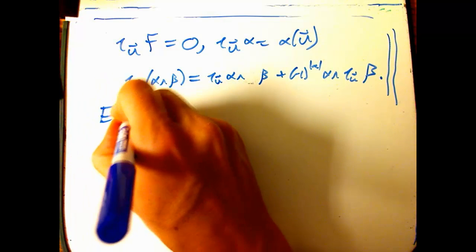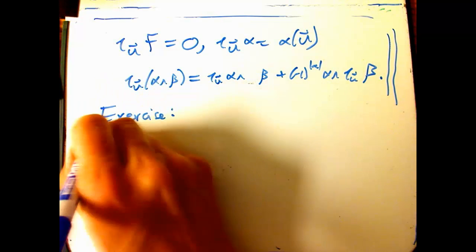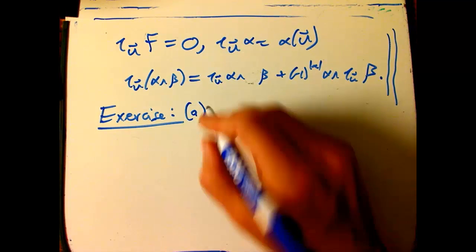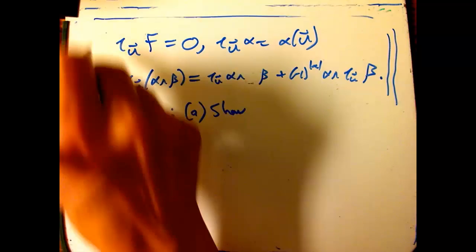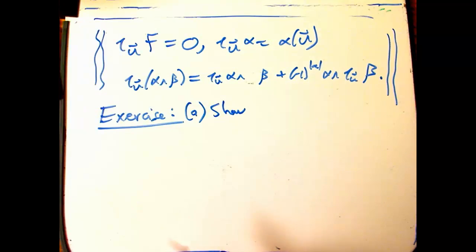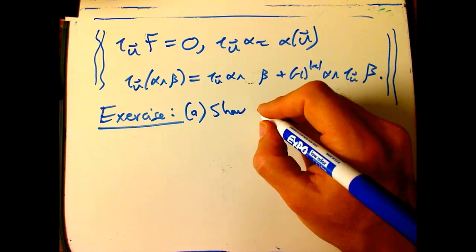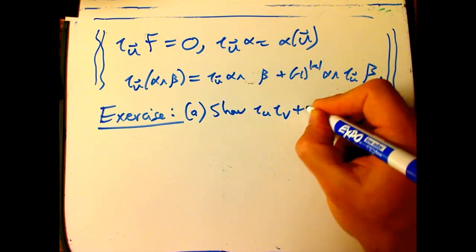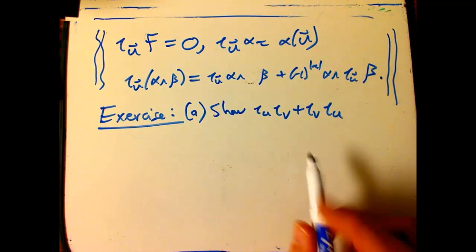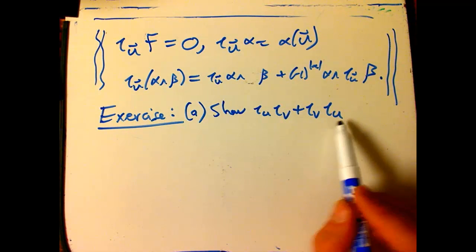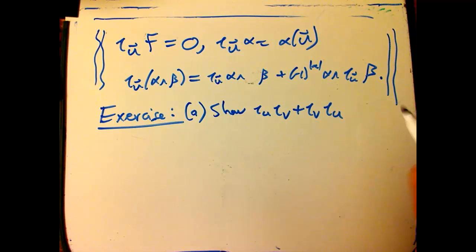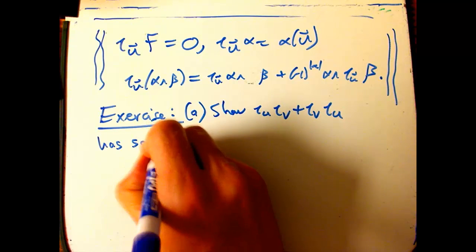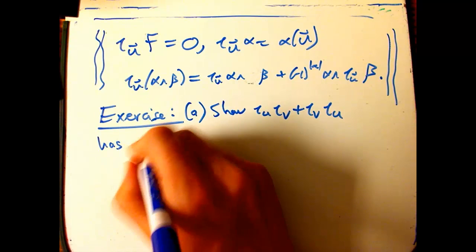So just a little bit more. Here's an exercise. I'm mainly doing most of the work for you here. But here's part A of the exercise. It's going to exemplify how powerful this is. Show that if you have two vectors and I combine the operations IU and IV in both orders and then add, it's called the anti-commutator, it has the derivation property.